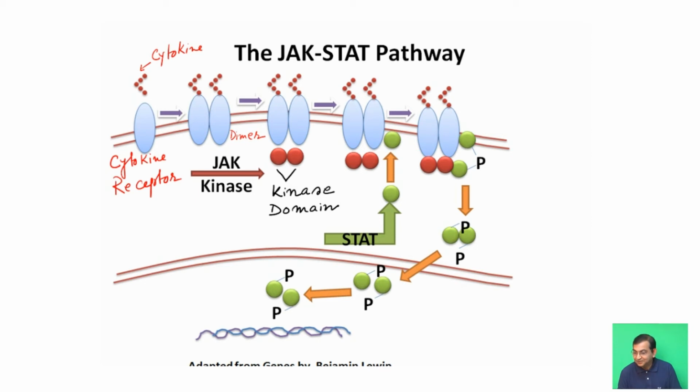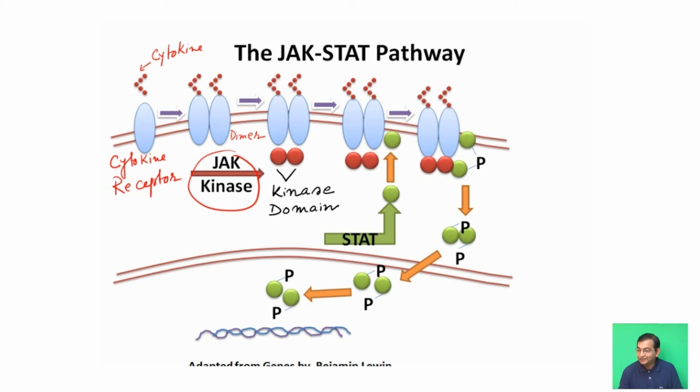This JAK kinase is a type of tyrosine kinase. It has two domains, which we are showing over here, including the kinase domain. This activated kinase domain binds with the cytokine receptor dimer. After binding, it has a substrate called STAT.